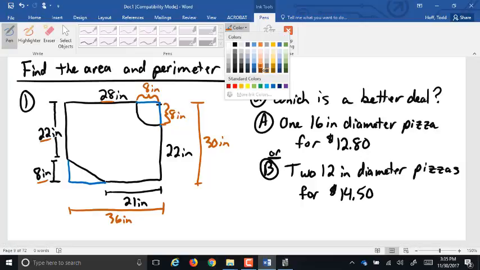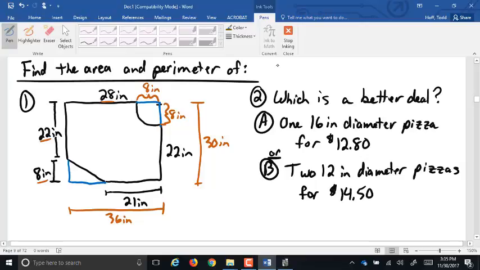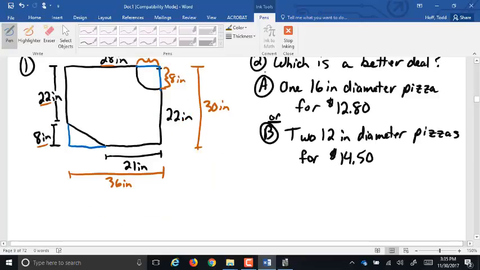So the area of the big rectangle is 36 inches by 30 inches, which is, what, 1,080 inches squared, I believe?